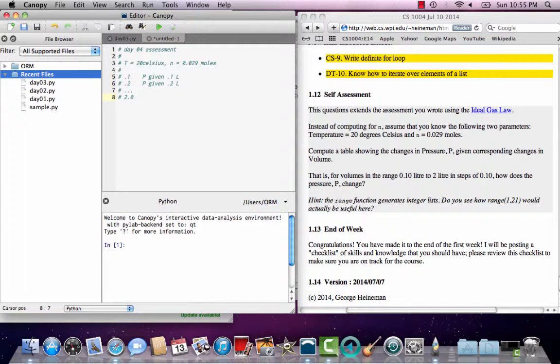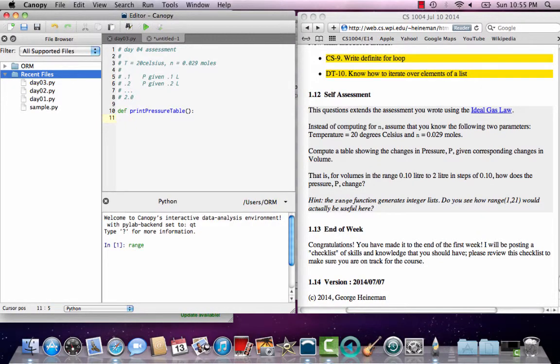To make this work, I'll start with a definition called print_pressure_table. This is going to print some information that we're going to use to show the output of this assessment. I gave a hint, and usually that's helpful: how would I use range of 1 to 21 to do some work?